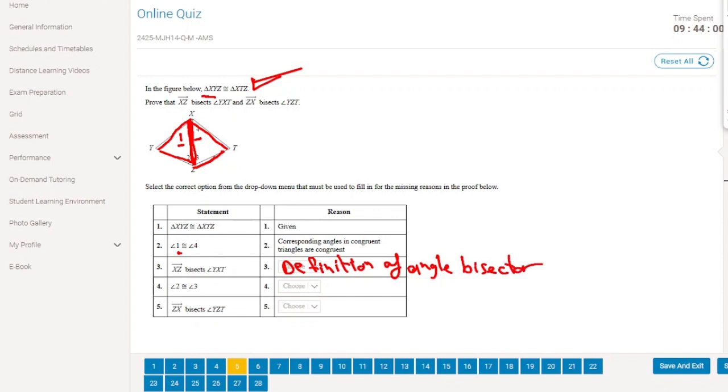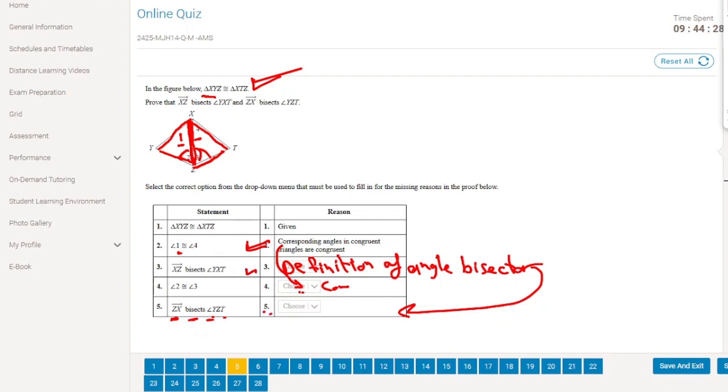Now here angle 2 congruent to angle 3, same like number 2, corresponding angles in the congruent triangles are congruent here, and ZX bisects angle YZT, so it's the same thing, definition of angle bisector. So here congruent, the same like number 2, and number 5 same number 3.